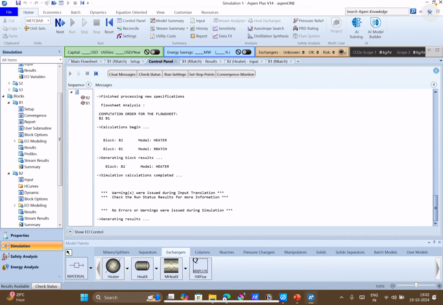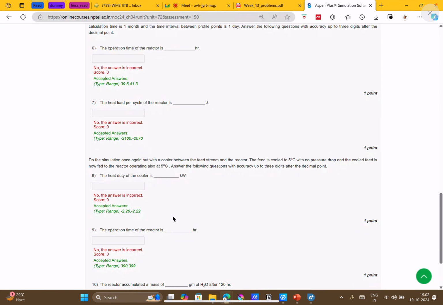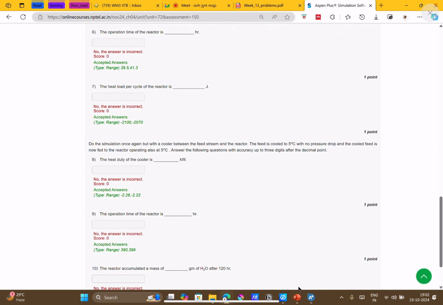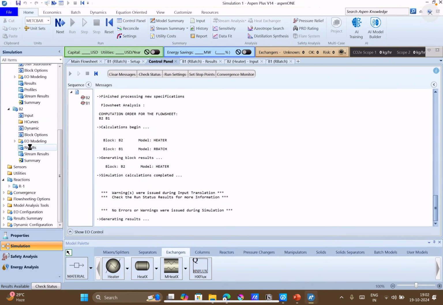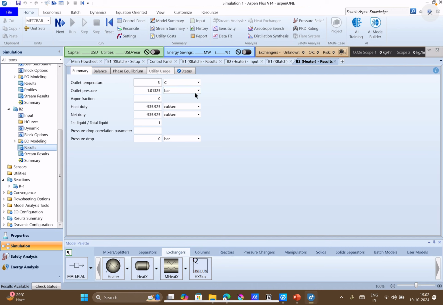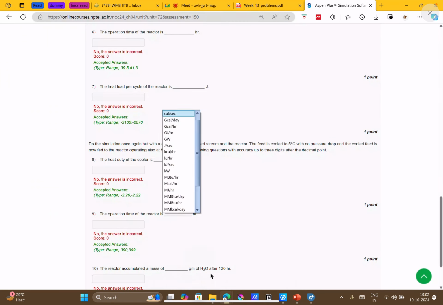So results are available. Let's verify the answers. The heat duty of the cooler. So for the cooler, go to the B2 block, results, and you will see the heat duty. Heat duty is asked in which unit? Kilowatt. It's given between minus 2.26 to minus 2.22.